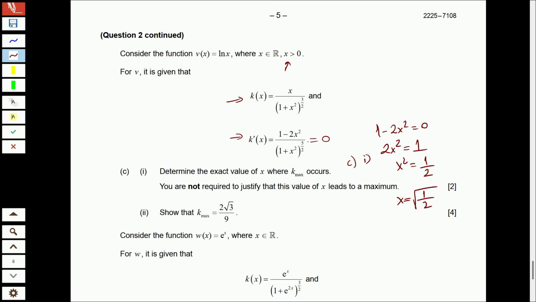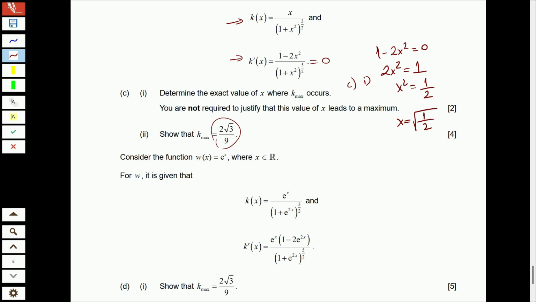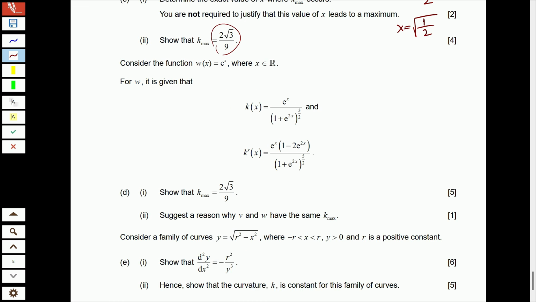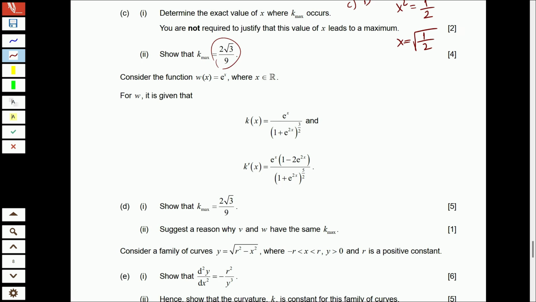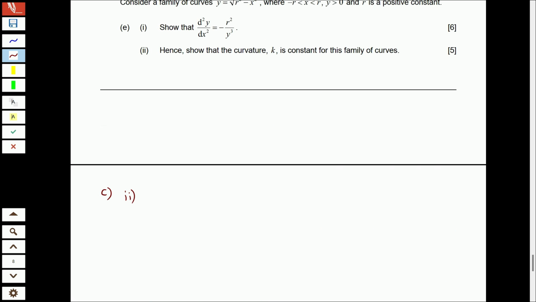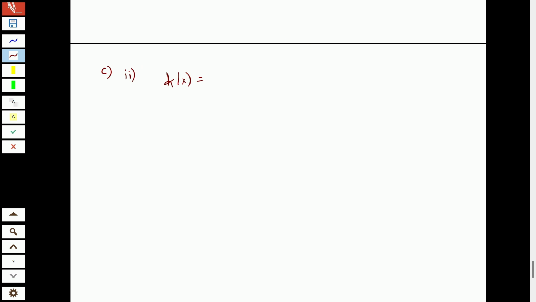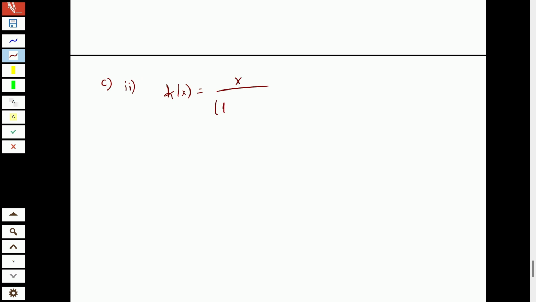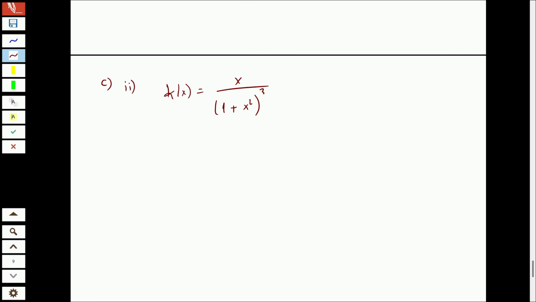This is for question C1. And at the second question, we will show k-max is this expression. To do that, I will write here the question C2. I know the curvature of this function is x over (1 plus x squared) to the power of 3 over 2.